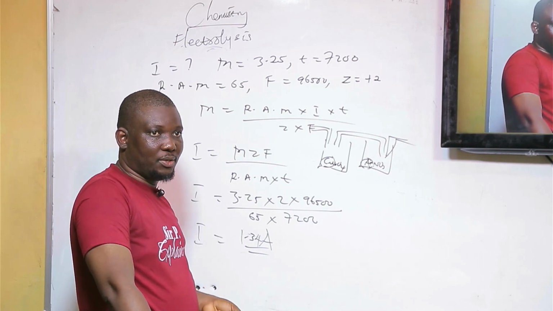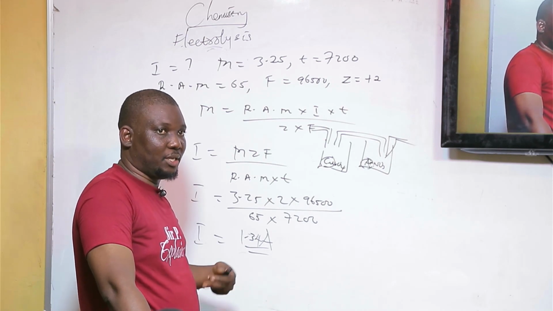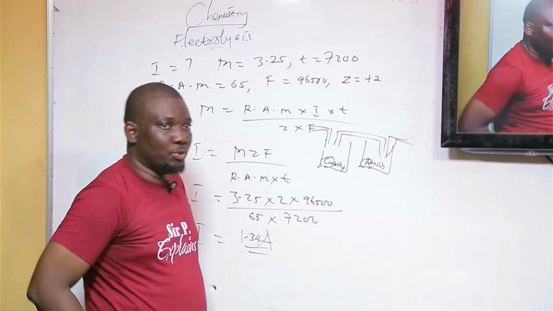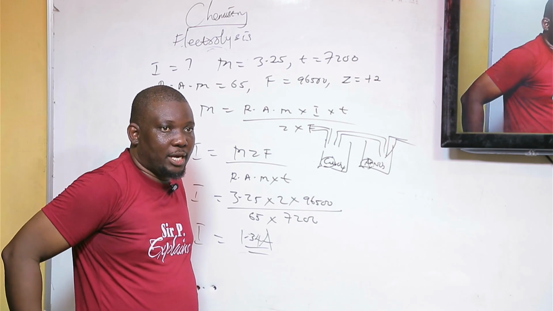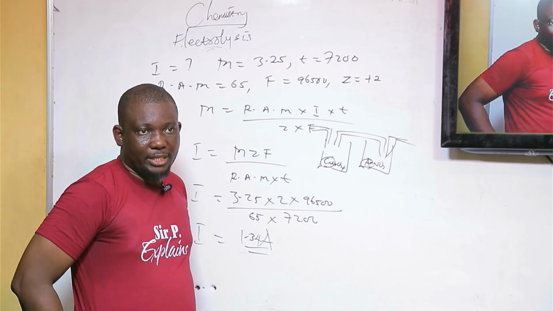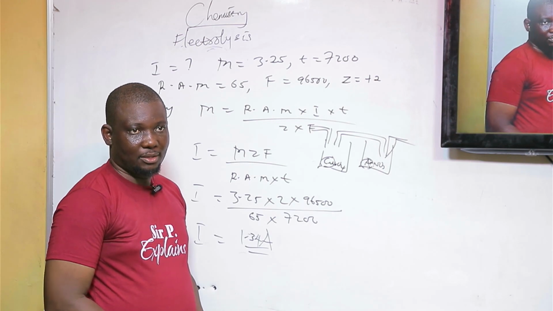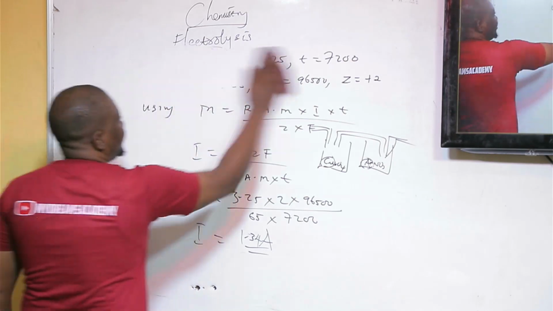The amount of different substances produced at the electrodes are directly proportional to their chemical equivalent mass. That is Faraday's second law, and it's quite different from the first.